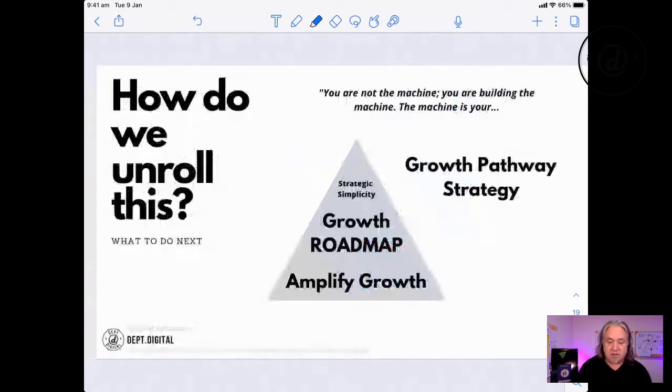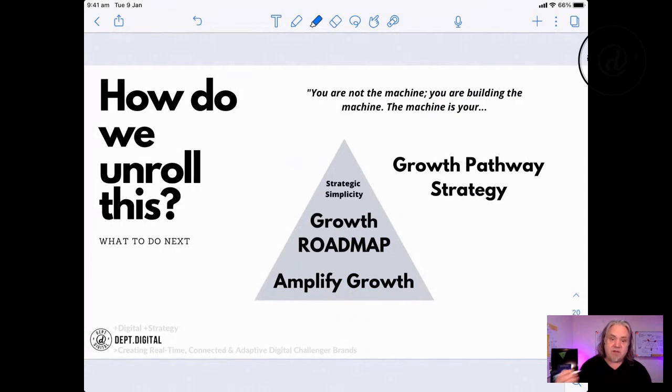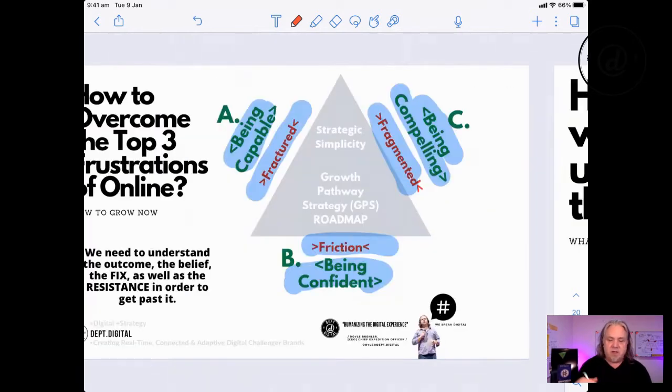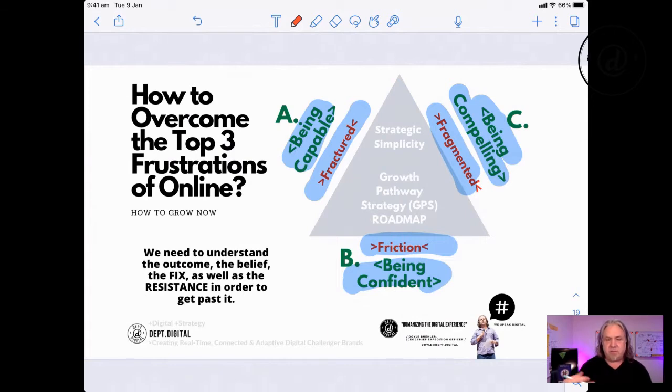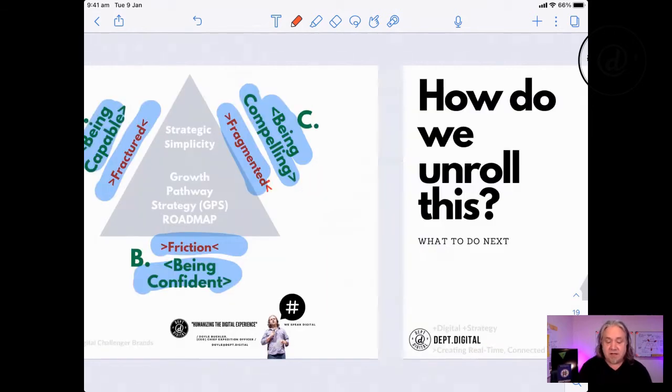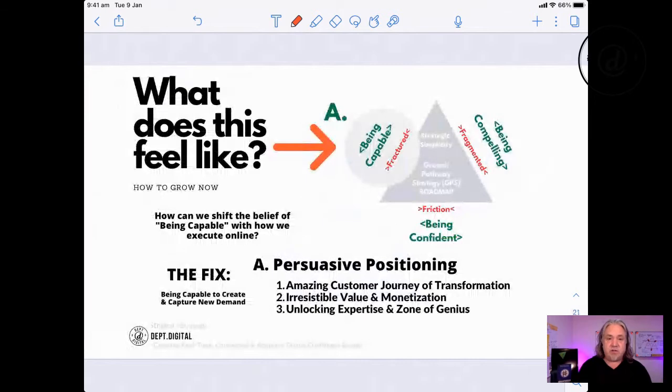And that is ultimately the goal here. And this becomes our growth pathway strategy, right? This becomes our GPS once we put all these pieces together. Once we put being capable, being confident, and being compelling together, that is in fact our GPS.